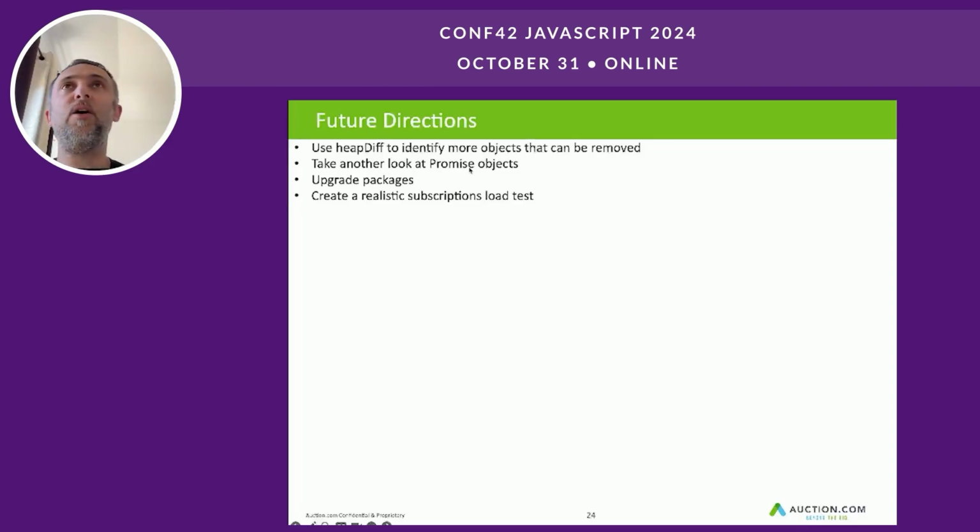Promise objects. Okay, I didn't really cover this in this talk, but basically we found that if you treat promises and primitives equally, then you're going to end up with a lot of extra code that gets executed and a lot of memory, because all these promise objects need to live somewhere that gets used that doesn't need to. So for example, if you have something like await function call, and that function call returns anything other than a promise, if it returns the number 5, then you don't want to await that function call.